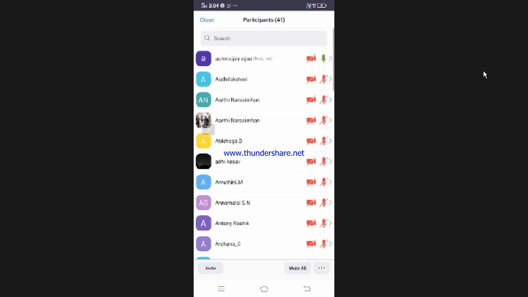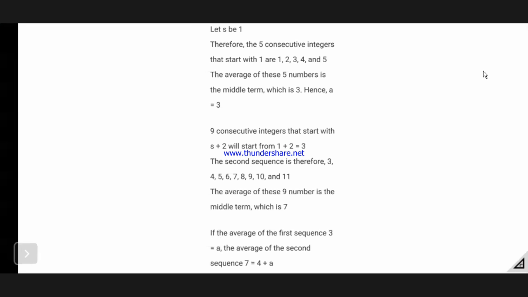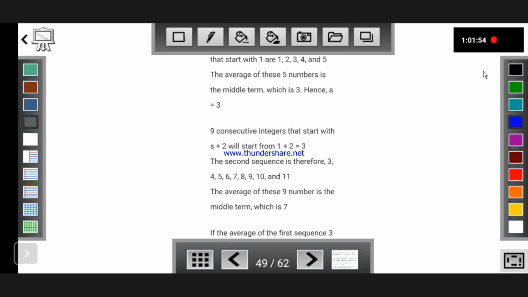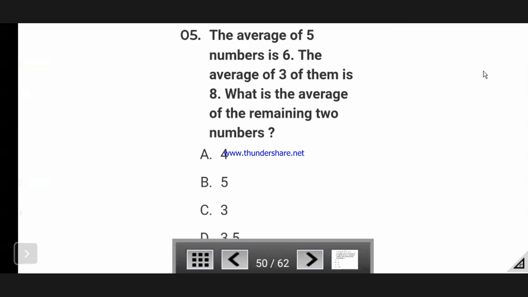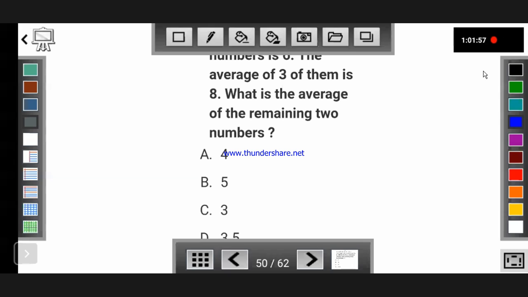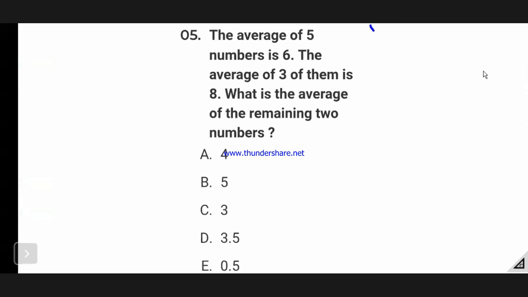No doubt, ma'am. Let me move to the next page, okay? Yes. Try to calculate this.